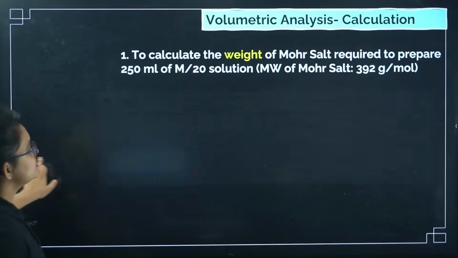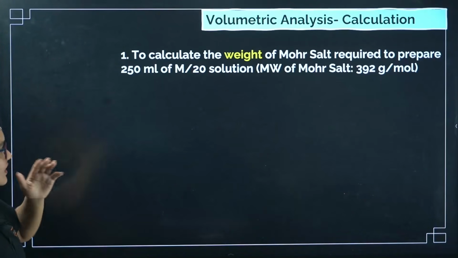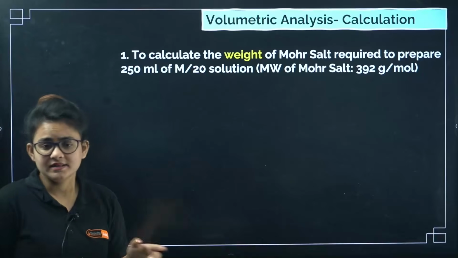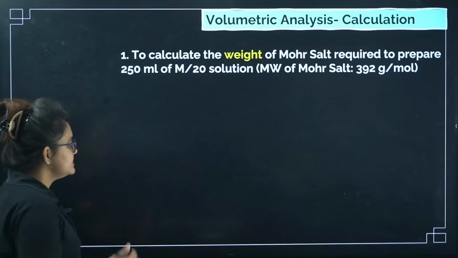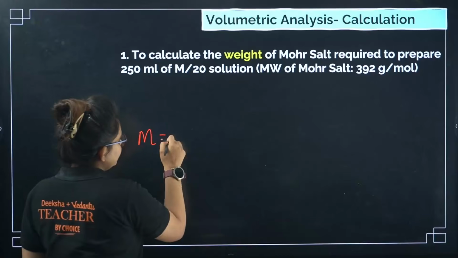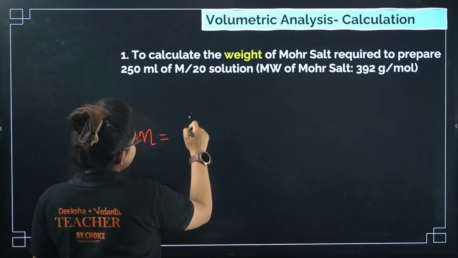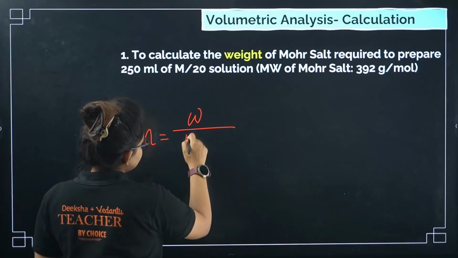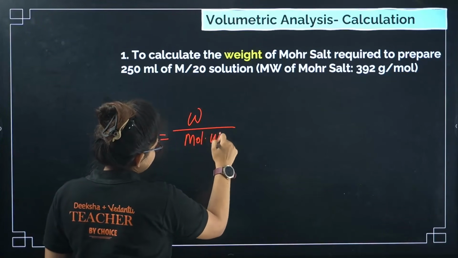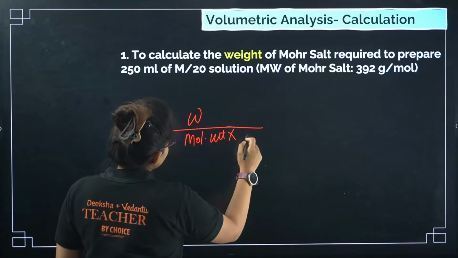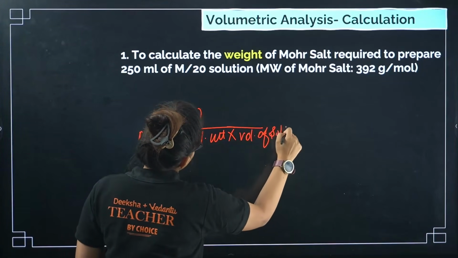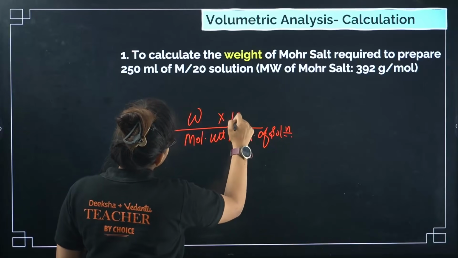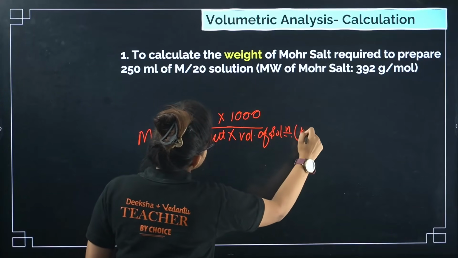Okay, next let's proceed. Here what you have to do at first is prepare the Mohr's salt. How should you prepare it? We know the formula of molarity is basically given weight divided by molecular weight, into 1000 divided by volume of solution. Volume of solution must be in ml.